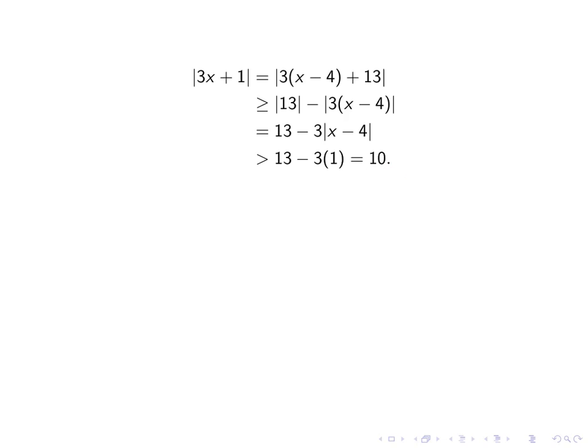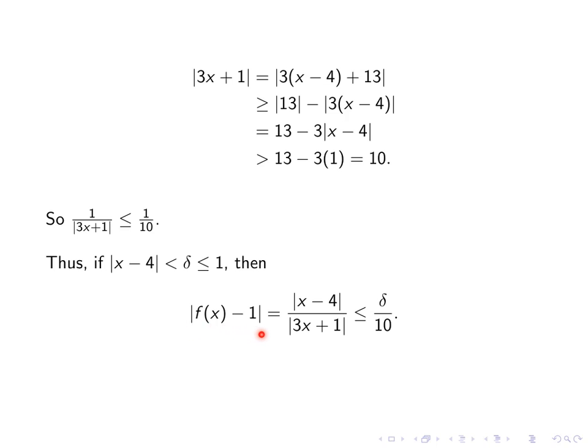So the absolute value of 3x + 1, if we bound it in this way, is bigger than or equal to 10. So 1 over it is less than or equal to 1/10. Therefore, if you bound the absolute value of x - 4 by delta, and you stipulate that delta is at most 1, then the absolute value of f(x) - 1 becomes bounded by delta over 10.